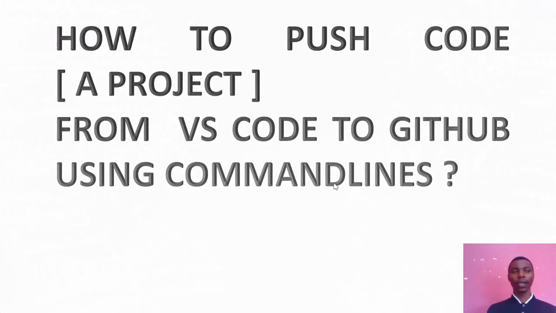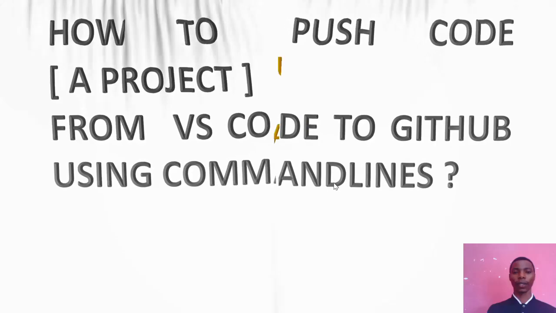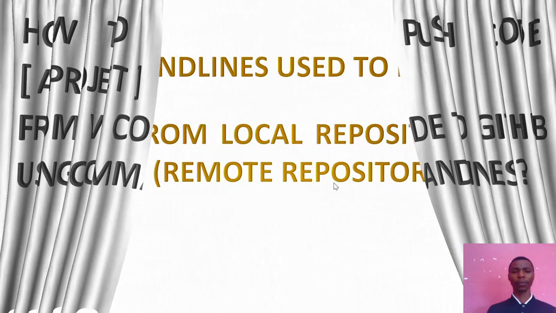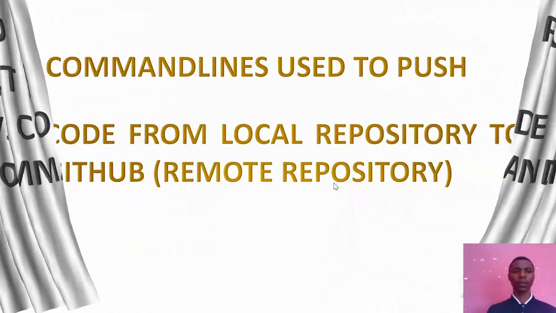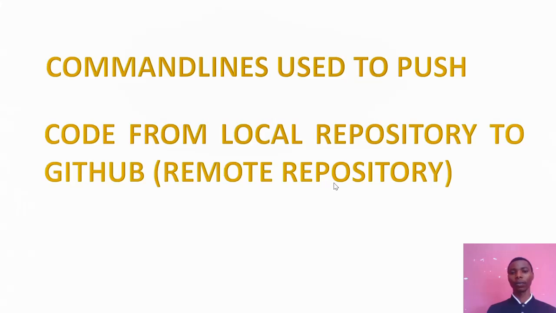Today I'm going to show you how to push code or a project from the Visual Studio Code editor to GitHub, which is remote or online, using command lines. Command lines are used to push code from a local repository to a remote repository.